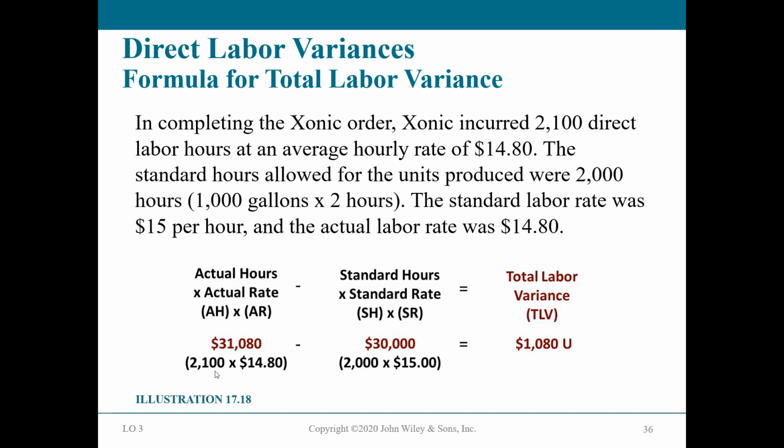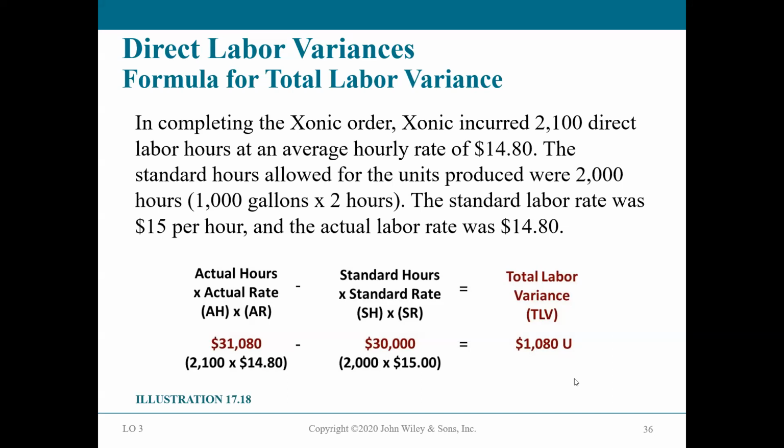In this case, we had an actual of 2,100 hours at $14.80. Our standard was $15 per hour and 2,000 hours were expected. So we have a labor variance of 1,080 unfavorable.